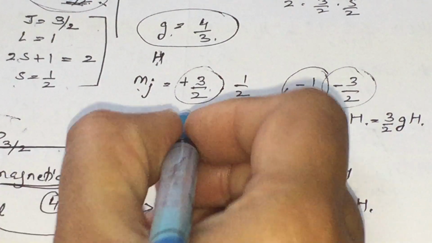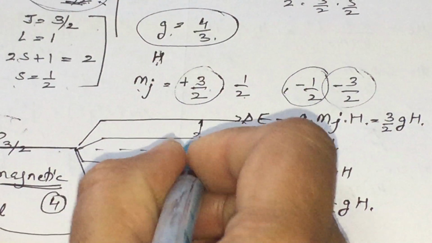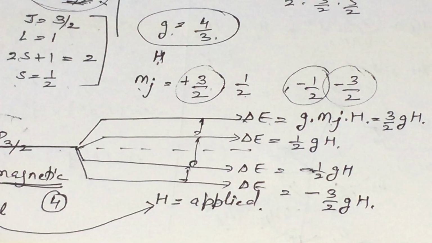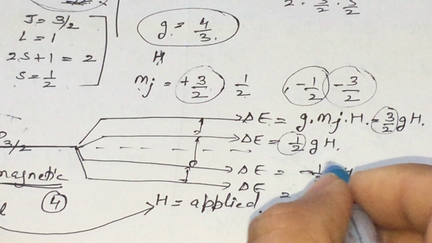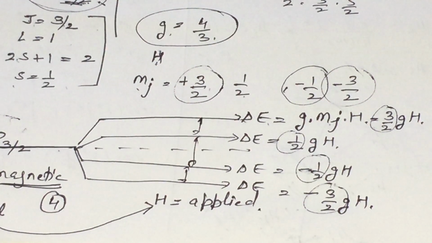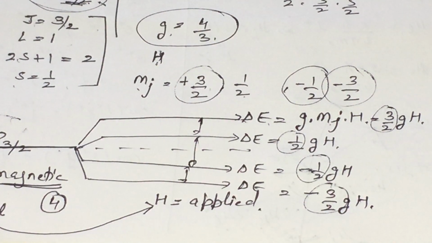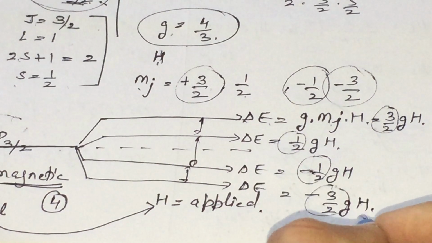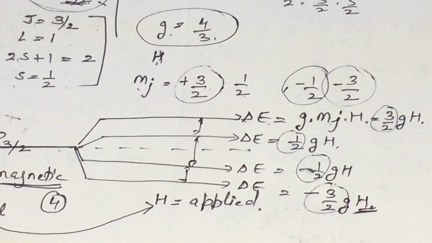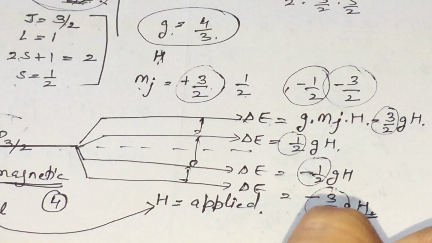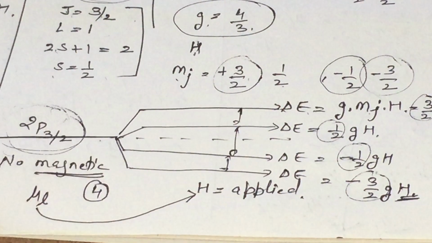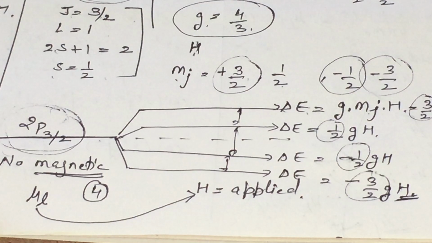It means the separation between these energy levels depends upon the value of our total magnetic quantum number, that is mJ, and the applied magnetic field. Here in every case g is constant for a particular energy term.